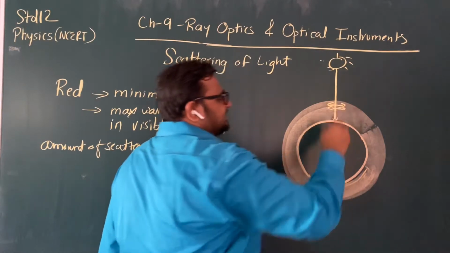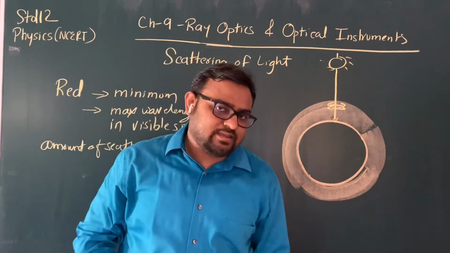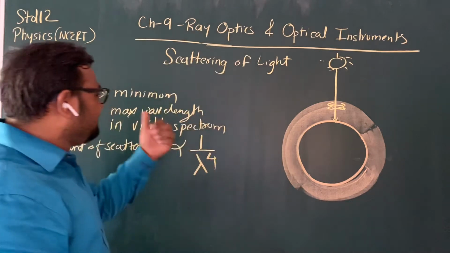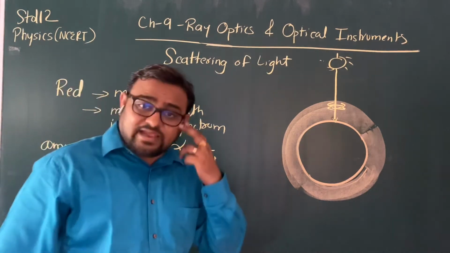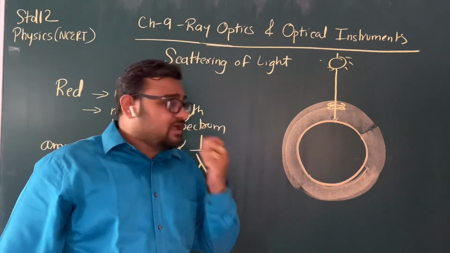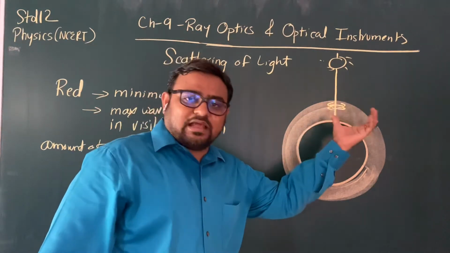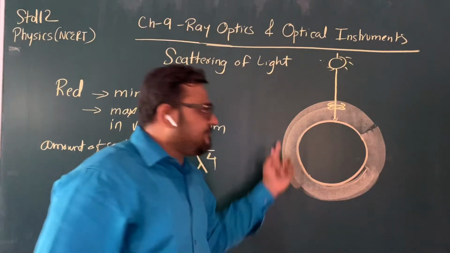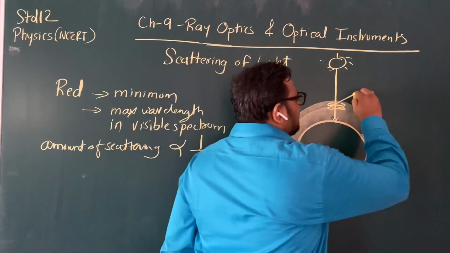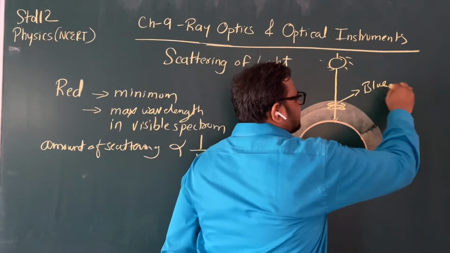Blue light scatters in the sky as red light has the maximum wavelength, right? Red light will not scatter much, but blue light scatters maximum. So the sky appears blue because the light that scatters here is blue.